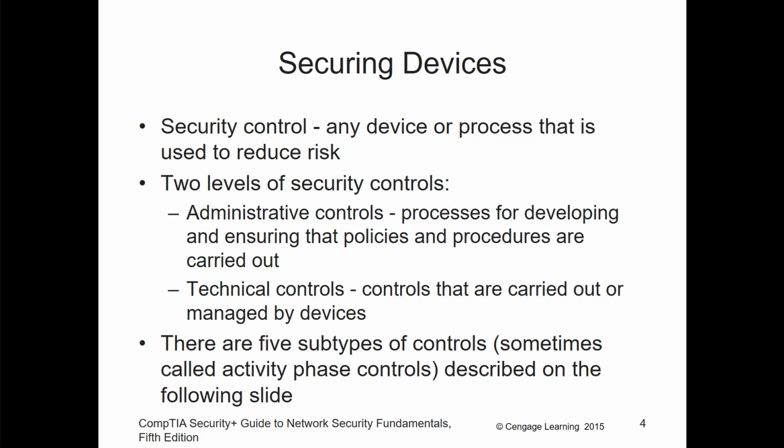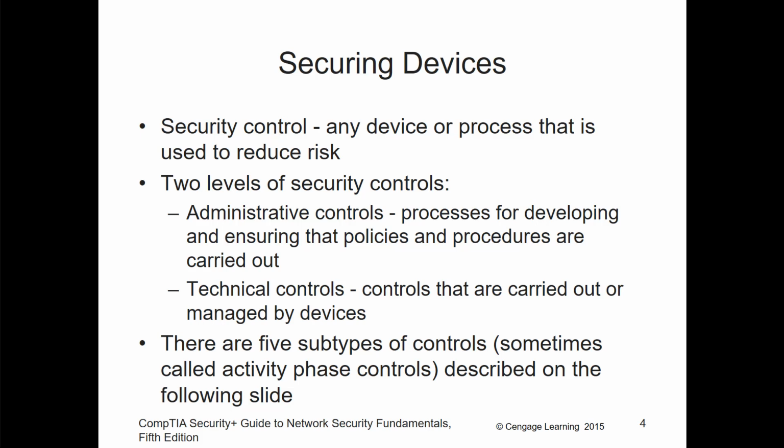The administrative are going to be more of the process for developing and ensuring that policies and procedures are carried out, while the technical controls are carried out or managed by devices. Typically, you set up an administrative control, and then the technical control comes after that. The policy dictates the technical control.